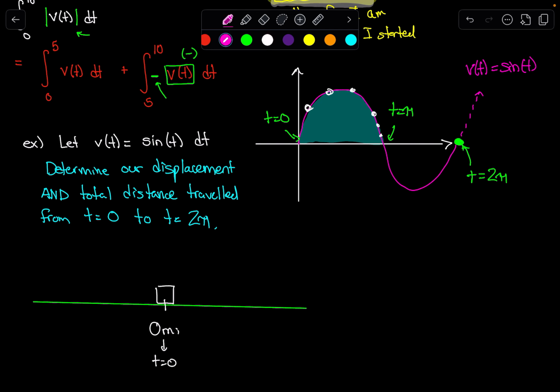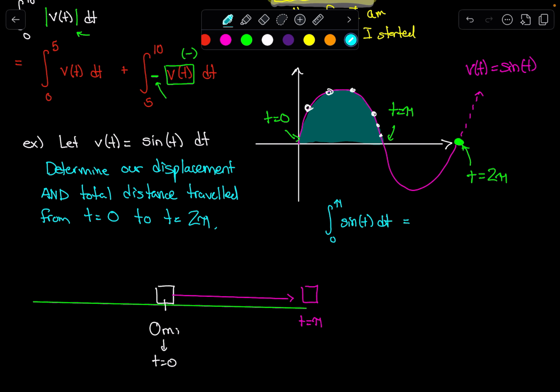So this box is going to experience motion in this particular direction. And now we're going to end up over here. So when t is equal to pi, we're going to be at some distance. So how do I figure out what that is? We can say, okay, well, let's do the integral from 0 to pi of sine of t dt.